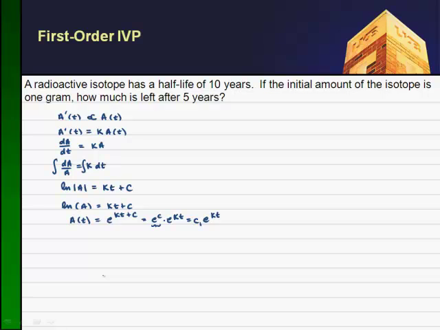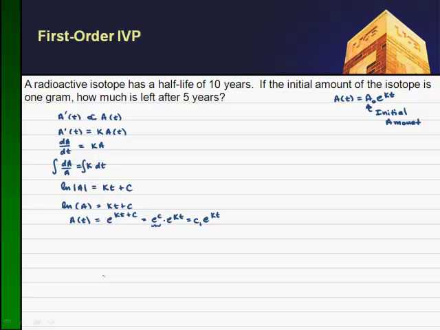As is typical in your algebra course, you may be given the formula A of t is equal to A naught e to the kt, where A naught is some initial amount. We're doing the same thing here, except we're actually proving this equation. If we go back to the problem, we have an initial amount of the isotope of 1 gram.